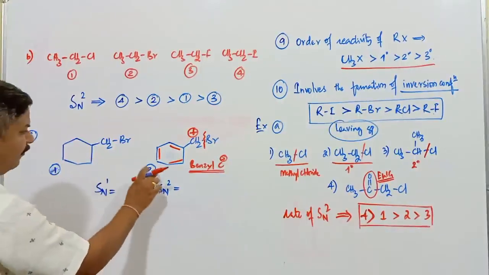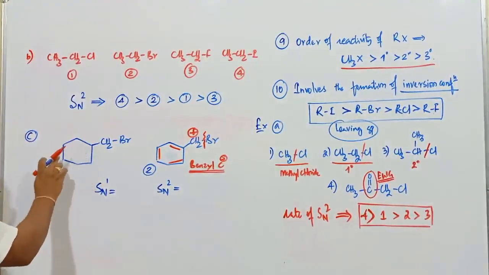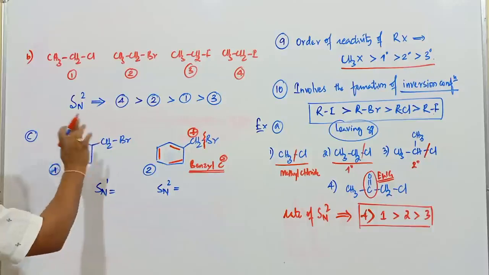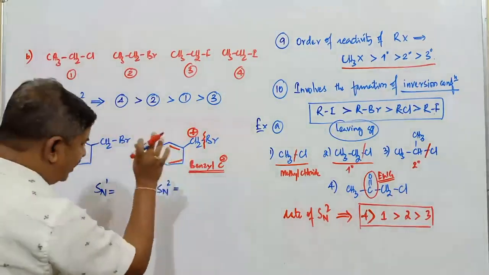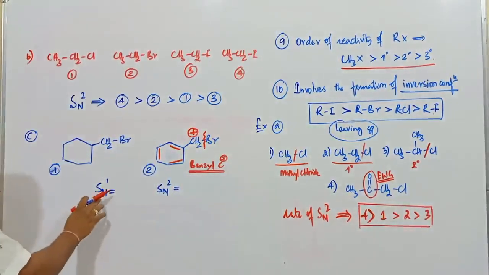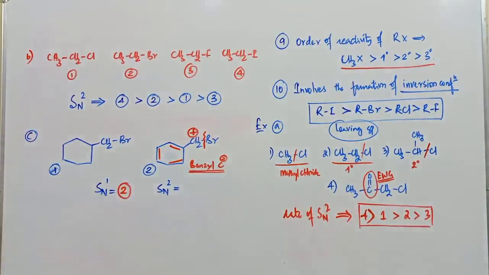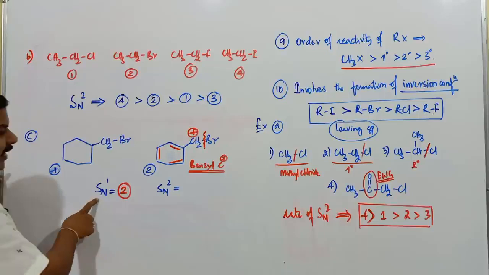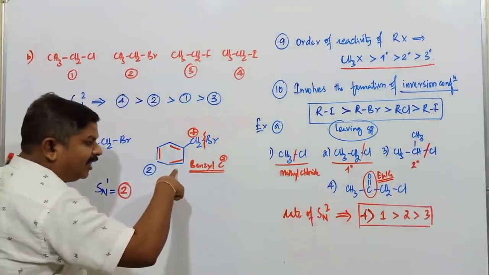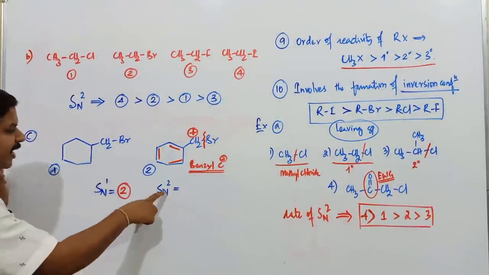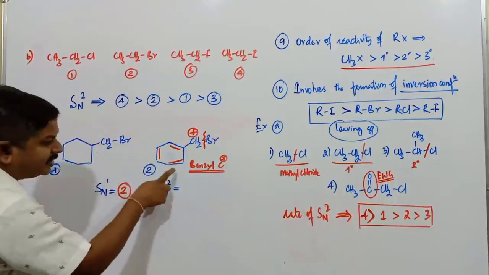So out of the first and second one, here there is no question of resonance, hence the carbocation is not stable compared to this one. Hence SN1 reaction is maximum with respect to which compound? It is the second compound. Whether SN2 reaction is maximum with respect to the first compound or second compound?